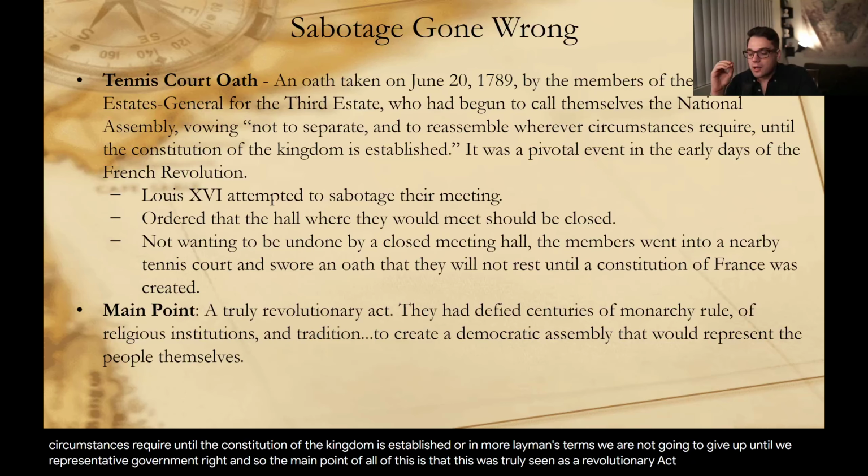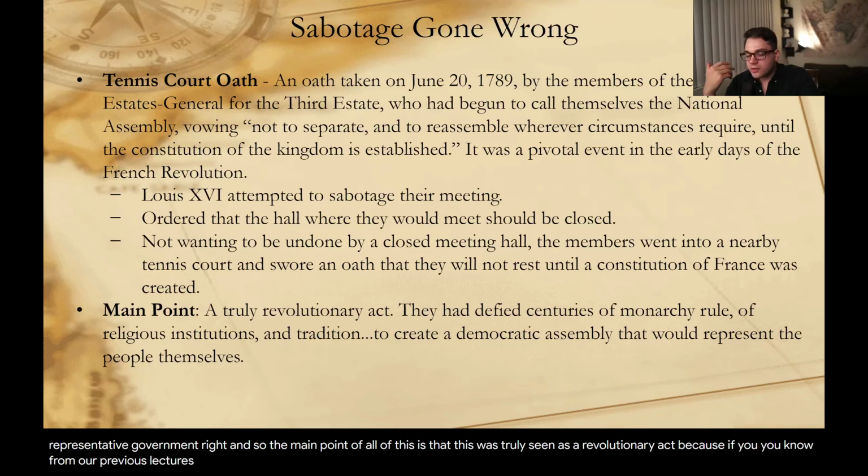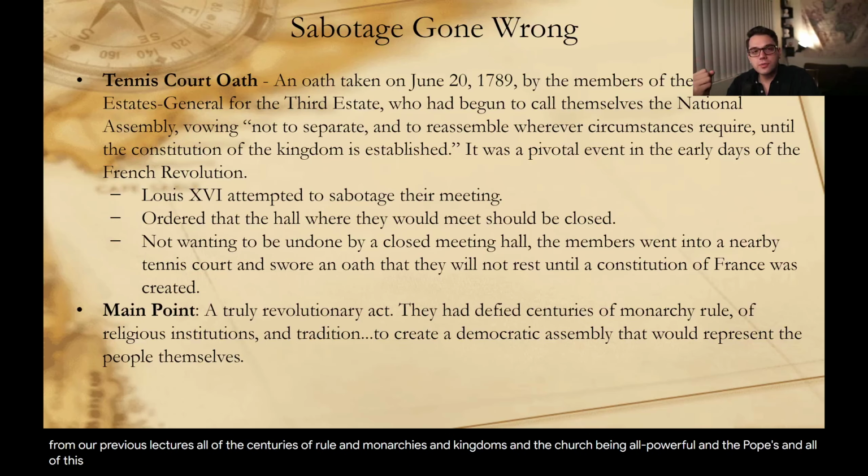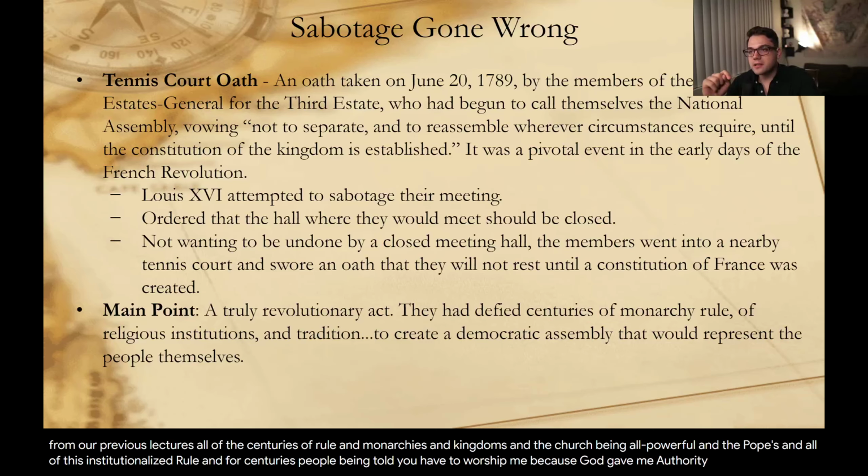Because from our previous lectures, all of the centuries of rule and monarchies and kingdoms and the church being all powerful and the popes and all of this institutionalized rule, and for centuries people being told, you have to worship me because God gave me authority. You have to worship me because this is the institution.